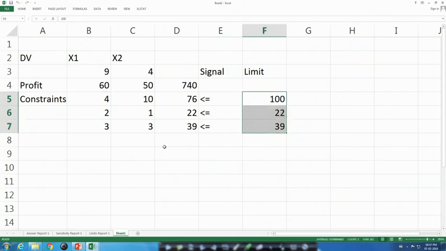Then again, after allowing the particular change, you allow the solver to run the model, and then again we check the optimum solutions. There is a possibility that the optimum solution after the change will remain constant as per the original one, or there may actually be a change with respect to the original one.